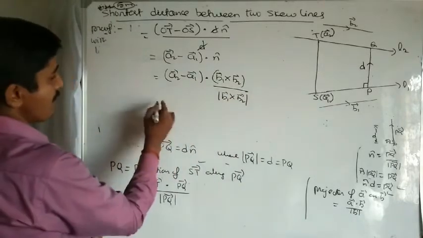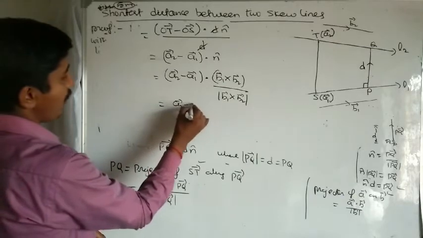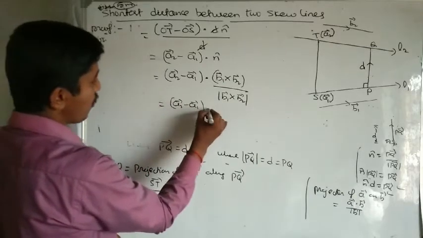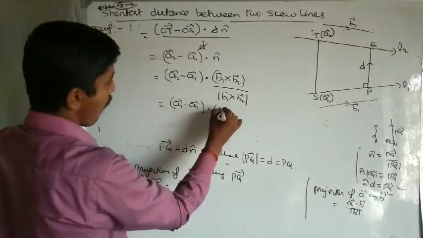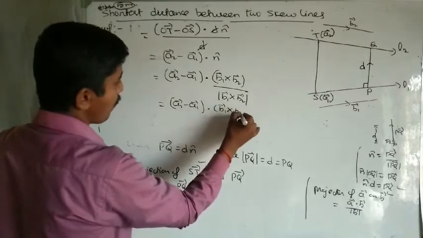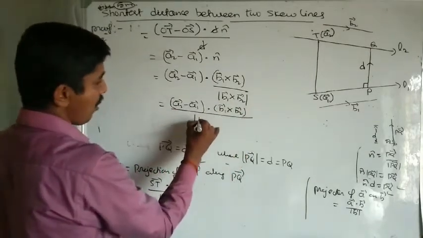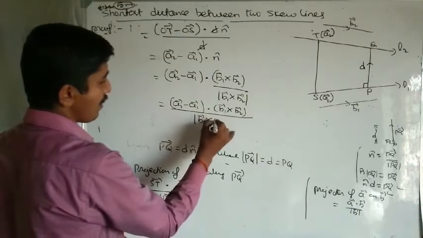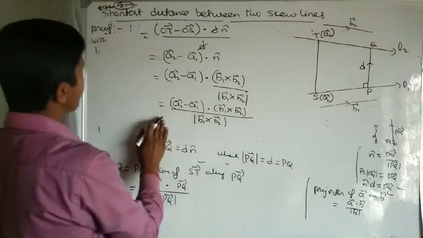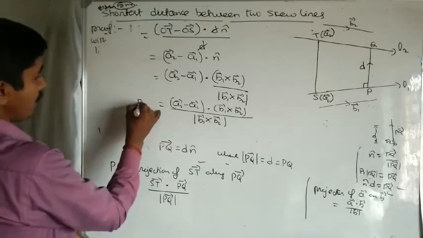So this can be written as vector A2 minus vector A1 dot vector B1 cross vector B2, all divided by the magnitude of vector B1 cross vector B2. This is the PQ.